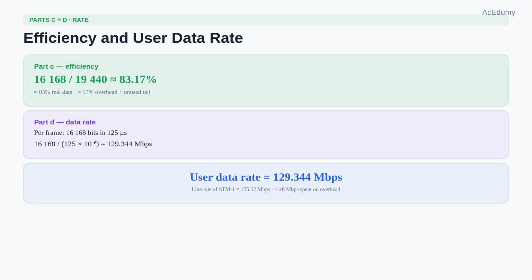Compare that to the line rate of STM-1, 155.52 megabits per second. We push 155 megabits of bits down the wire, but only 129 megabits is real user information. The rest is overhead, doing the work of keeping the network synchronized and addressable.